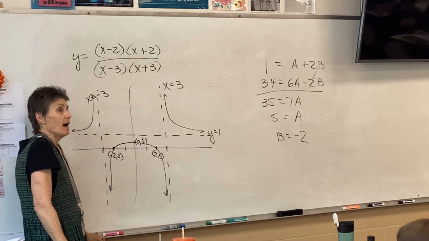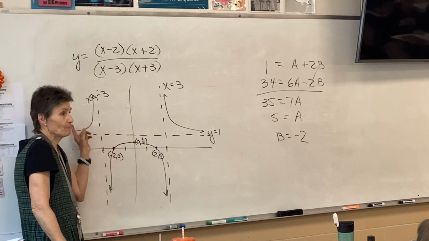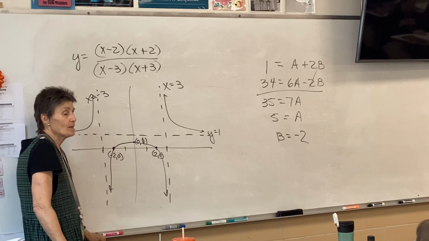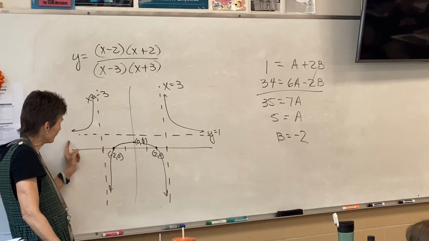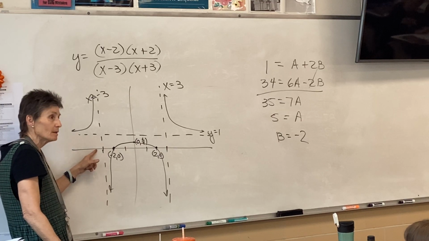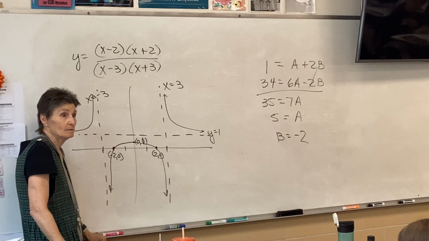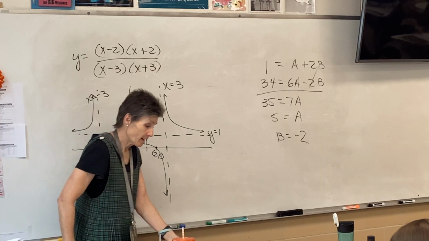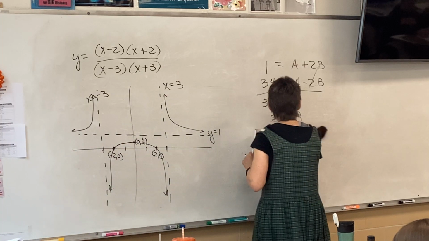How did Joe know that they were up here? Because of the asymptote. What would they have to do if they were down here? They have to cross an axis and they can't. Okay. So that's it. Good job. Alright, got one more to go.